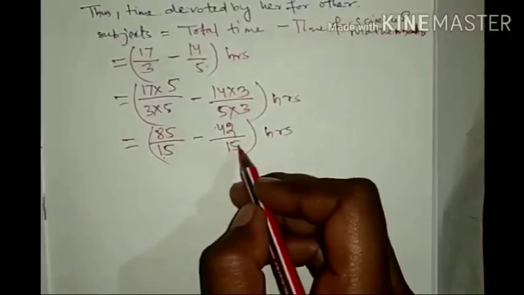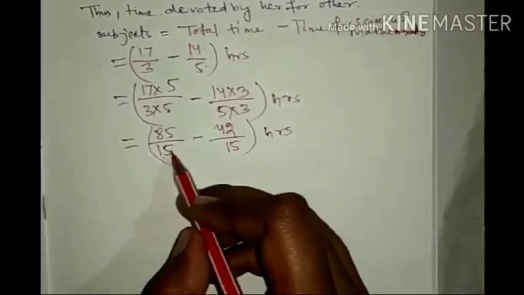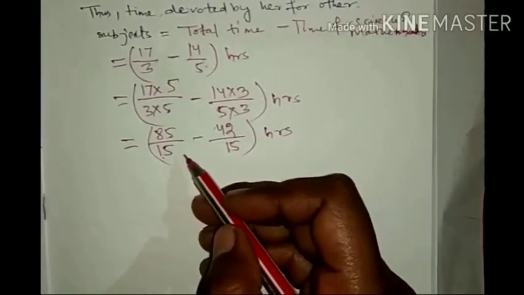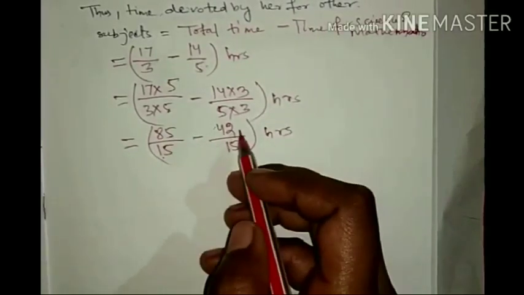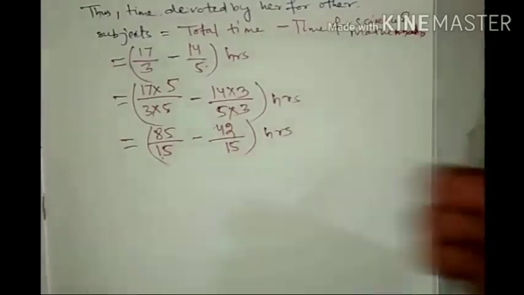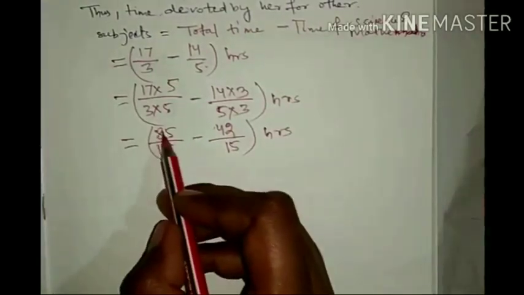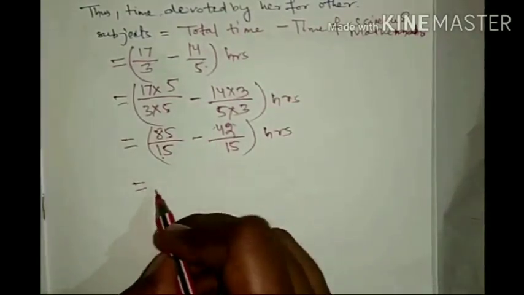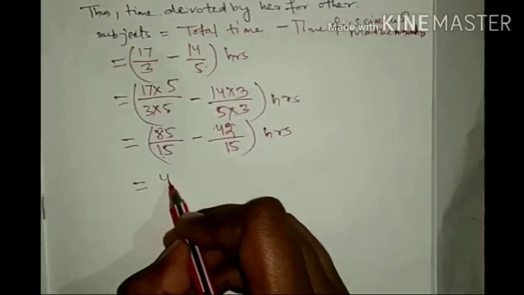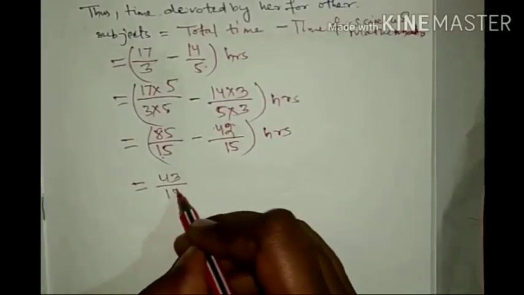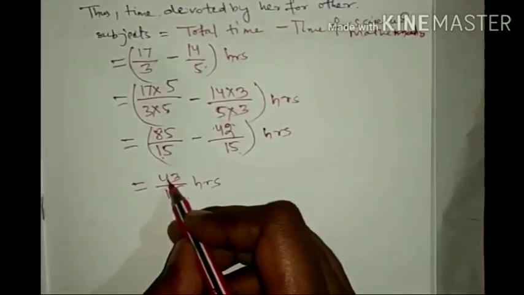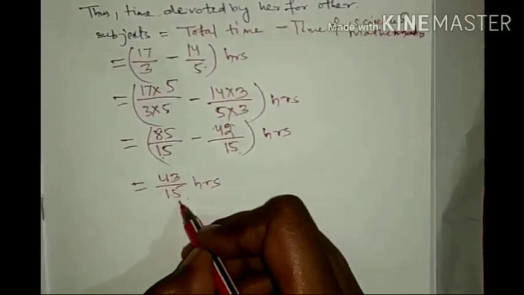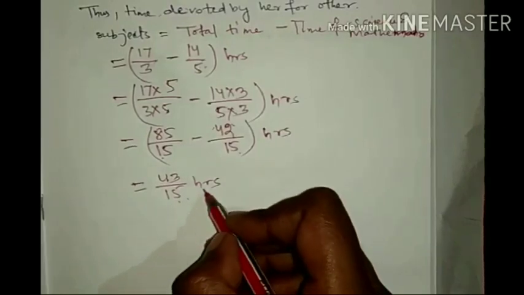Now it is in like fractions. When the denominators are the same, you can add or subtract the numerators. So here you subtract the numerators: 85 minus 42 equals 43/15, same denominator, hours. Now convert this improper fraction into mixed.